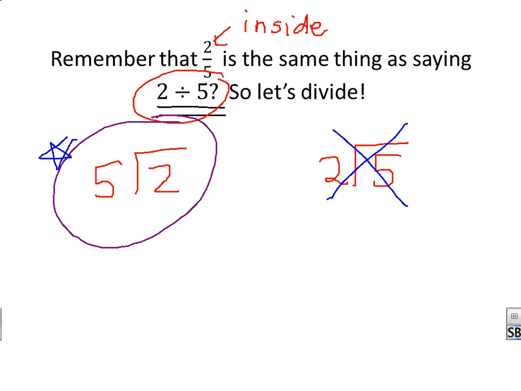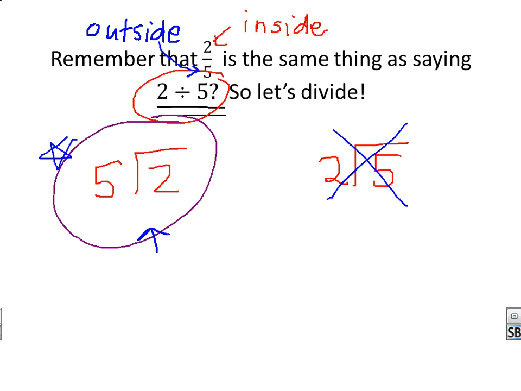That's called your dividend. And then your denominator, which was our 5, goes on the outside. That's called your divisor. So let's go ahead and divide.